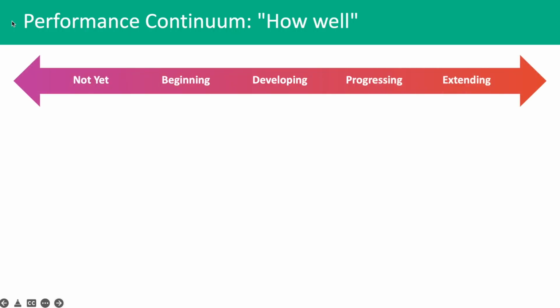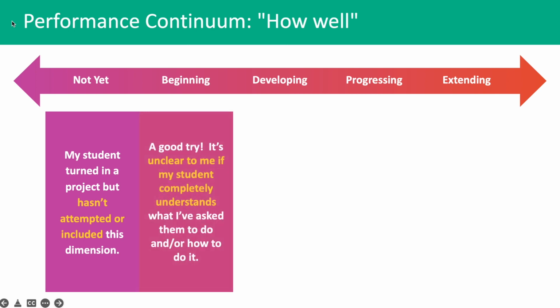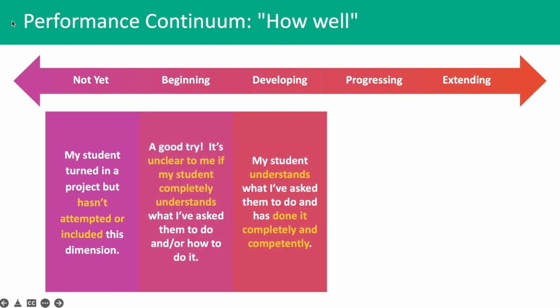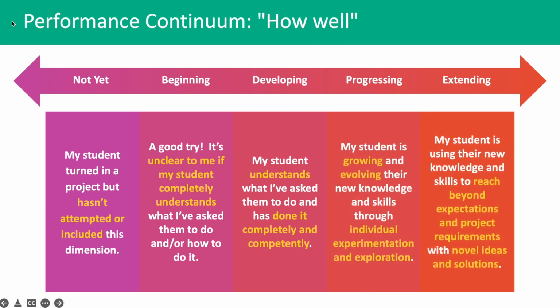And then along the performance continuum, which again is how well, we go from not yet to extending. And these are the levels of the performance continuum. They extend from, wow, my student didn't actually do that at all, all the way to my student is reaching beyond expectations and project requirements.